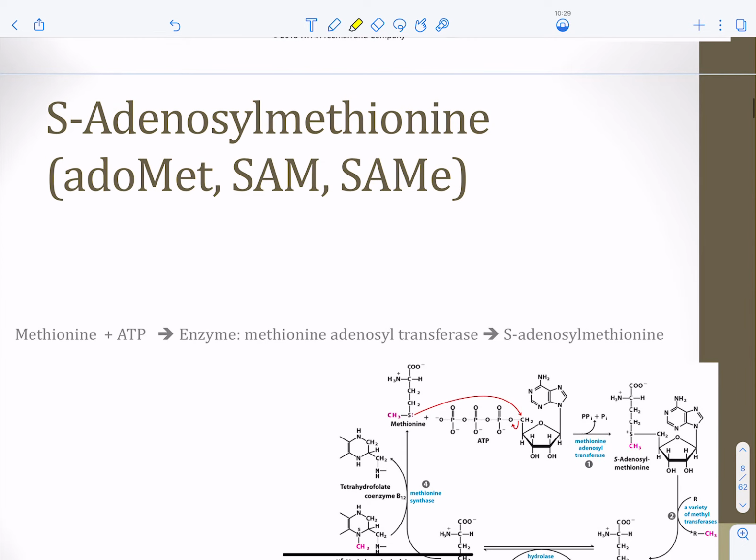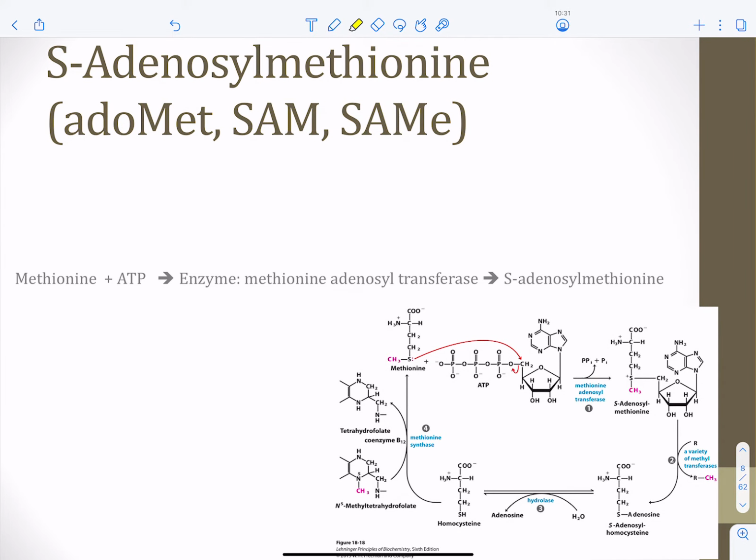All right, so another important carbon donor is going to be SAM, or S-adenosyl methionine. SAM is going to be synthesized from methionine and ATP, and this is going to require methionine adenosyl transferase, and this generates SAM. Now, SAM is going to be the preferred cofactor for many biological reactions. And this is going to be for transfers in tissues such as your immune system.